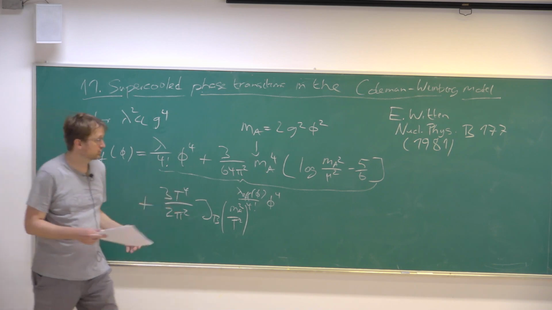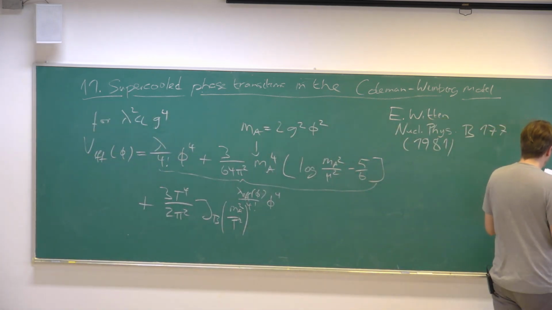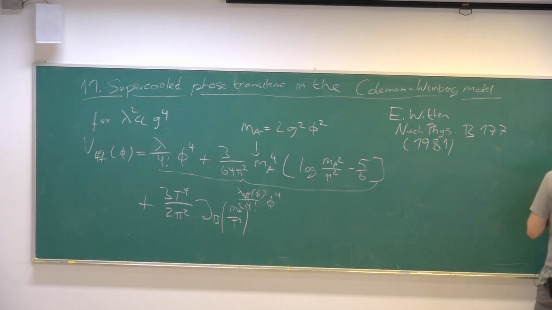and we can use the high temperature expansion of this function that I had already on the blackboard before. So we can use this expression. There was a constant term, then a squared term, then this relatively weird cubic term, m_A cubed over T cubed.